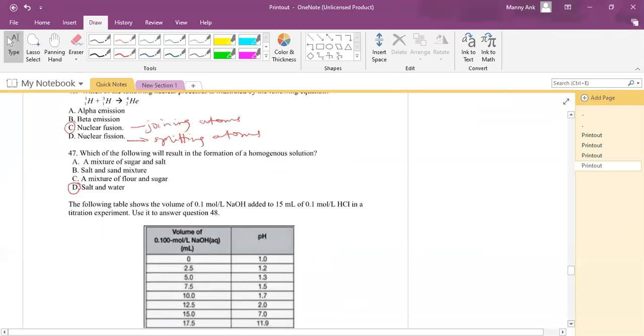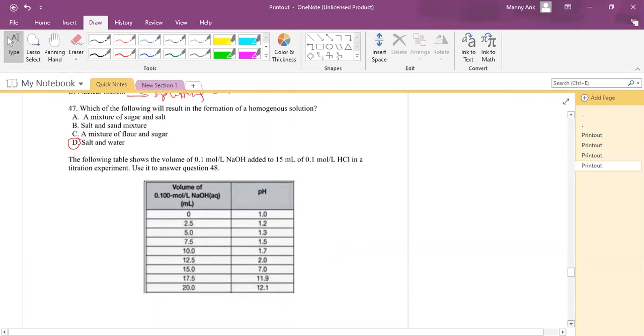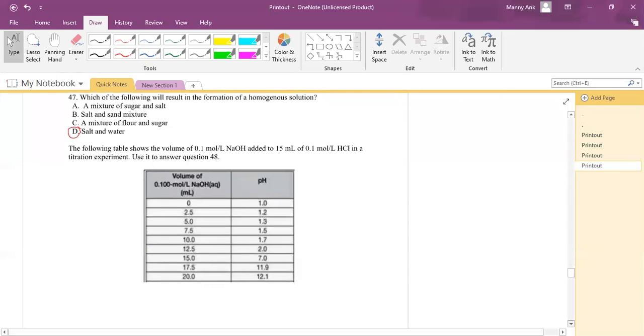Okay, so this diagram here, the following table shows the volume. So we have 0.1 mole per liter of sodium hydroxide added to 15 ml of 0.1 mole per liter of acid, HCl, in titration. When you perform titration, the equivalence point occurs when there's neutralization. The acid neutralizes the base. And we know that at neutralization, the pH is 7.